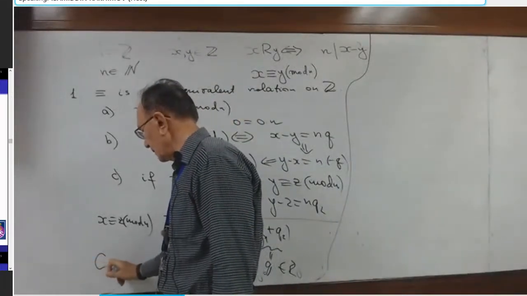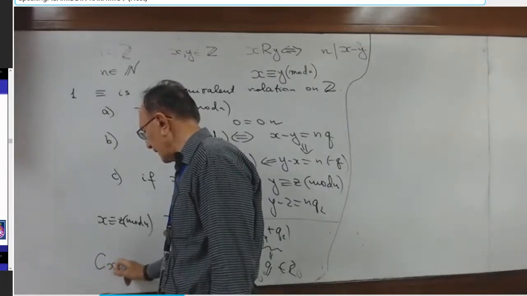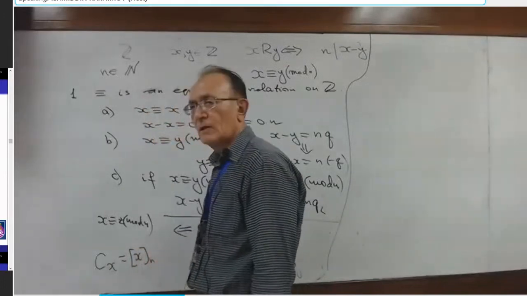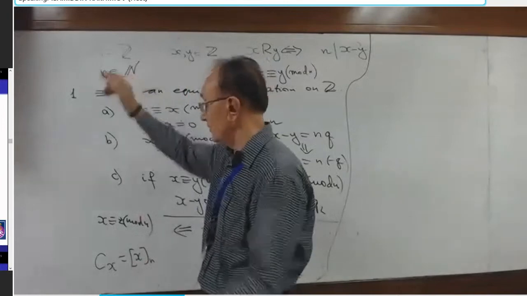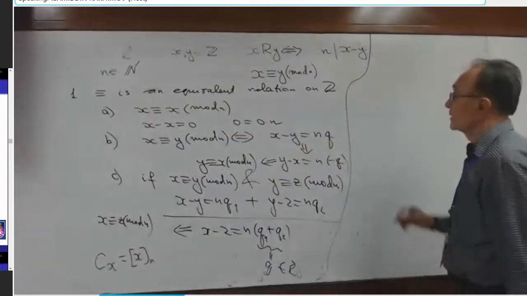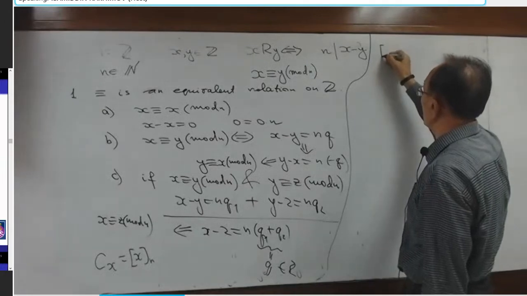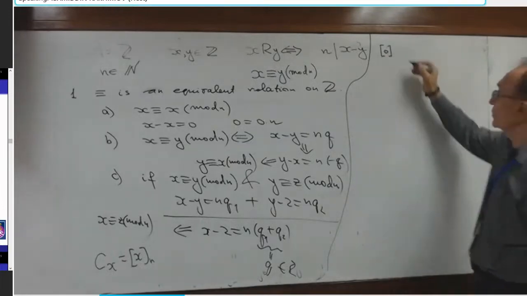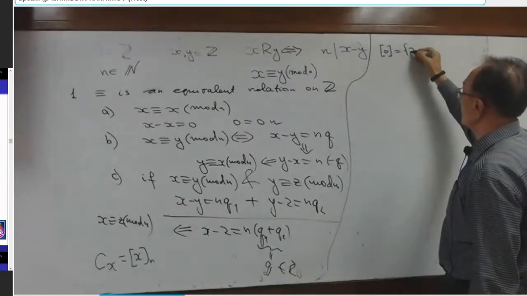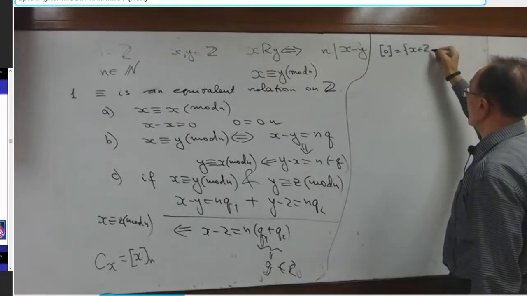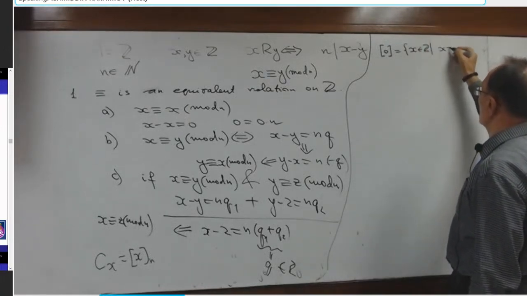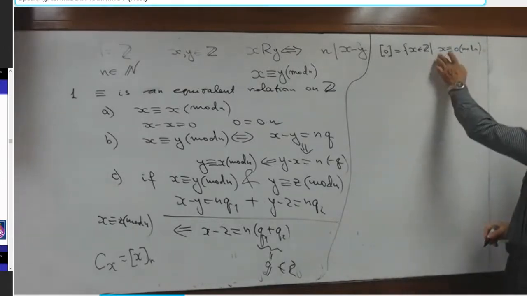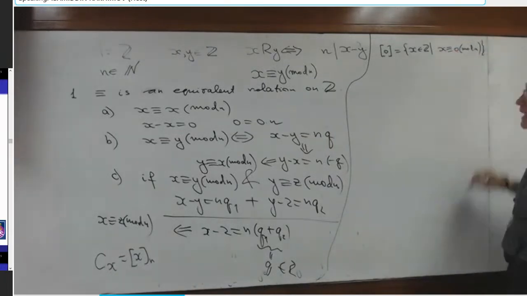The equivalence class of x, I will denote as x sub n, or sometimes just without this n if n is given. So let me write the class of 0: all elements which are equivalent to 0. That means those x from Z such that x is congruent to 0 mod n. So that means x minus 0 is divisible by n.